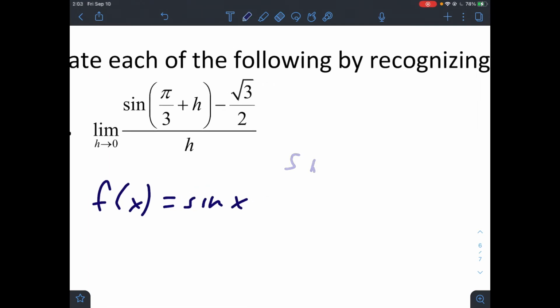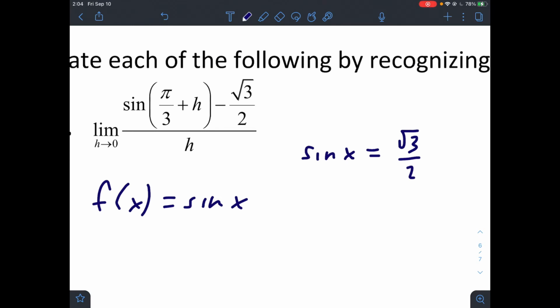Well, at this point, all we really got to do is figure out what the c value is. And then we should be able to find our derivative at that point pretty quickly. So we want to ask ourselves, when is the sine equal to positive root 3 over 2?